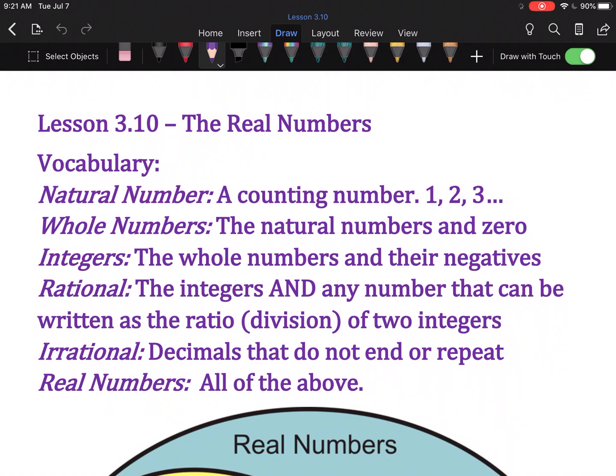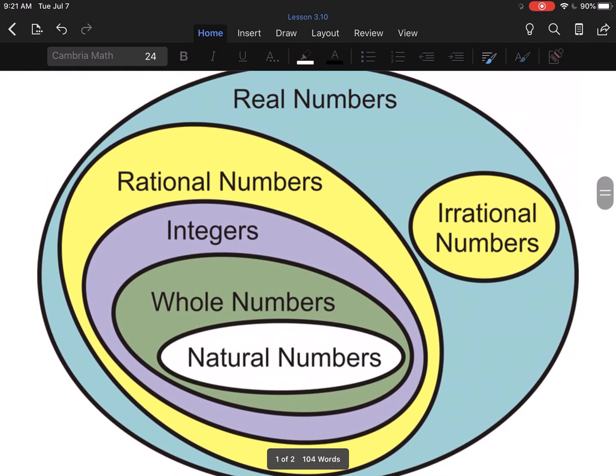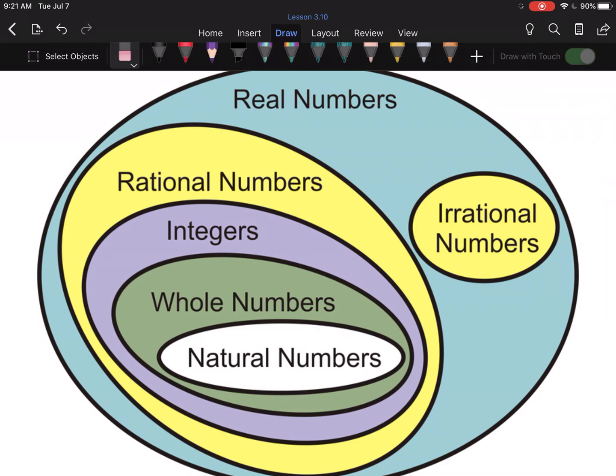The last lesson of this chapter is number classification, and it's called the real numbers. So I'm going to scroll down to the diagram because I know these definitions. The most restrictive group is here in the middle, the natural numbers. Those are your counting numbers: 1, 2, 3, 4, 5, 6, 7, 8, 9, 10, so on and so on.